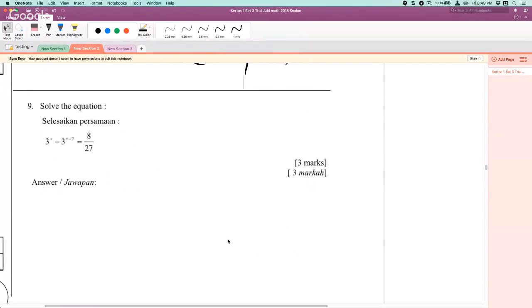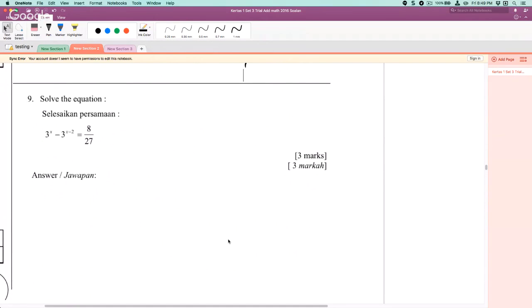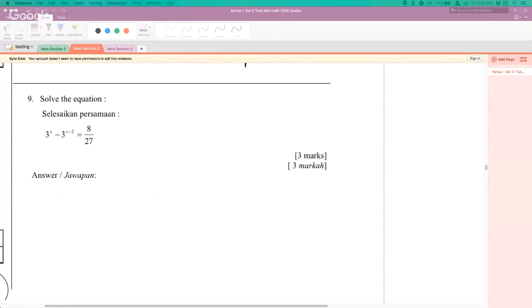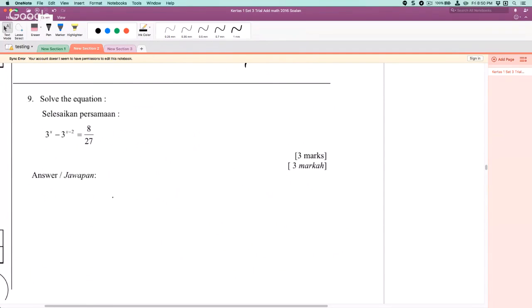All right, whenever you solve an indices question, and you see the minus, do you see this minus is not in the power? If you see the minus is not in the power, what you need to do is the substitution method.